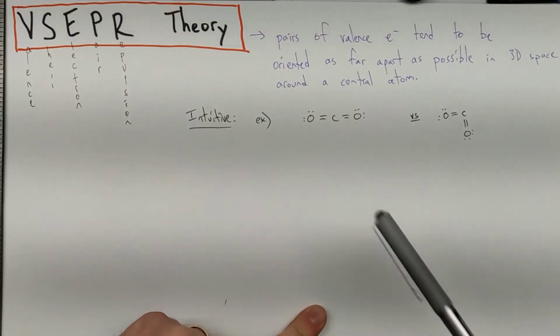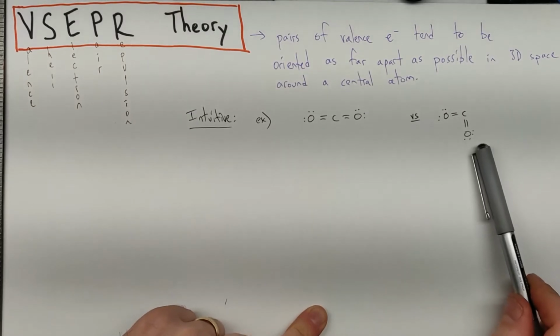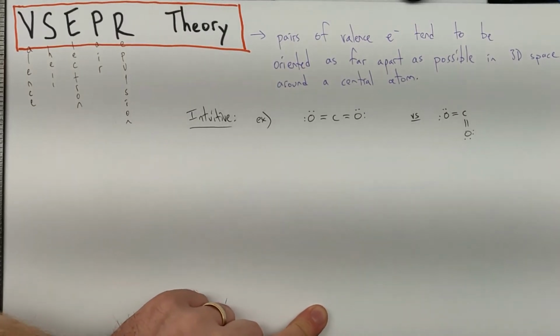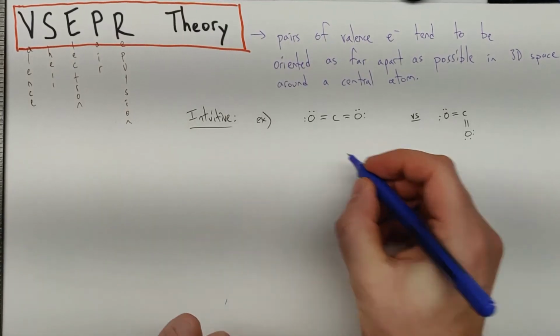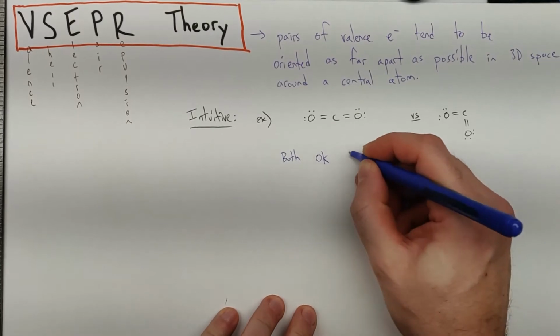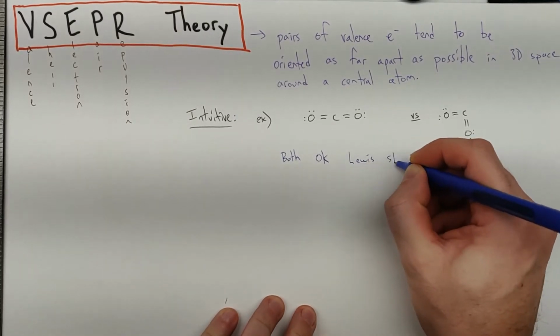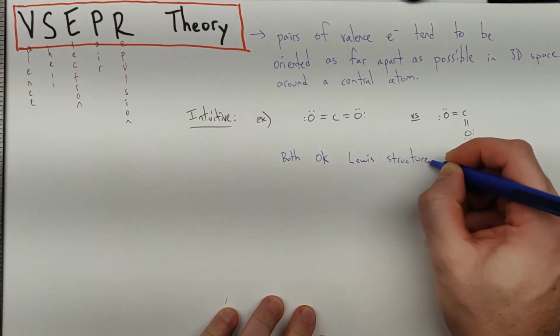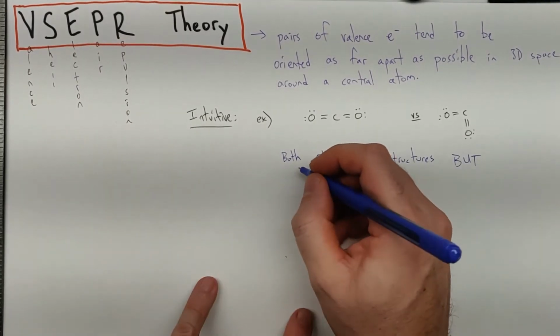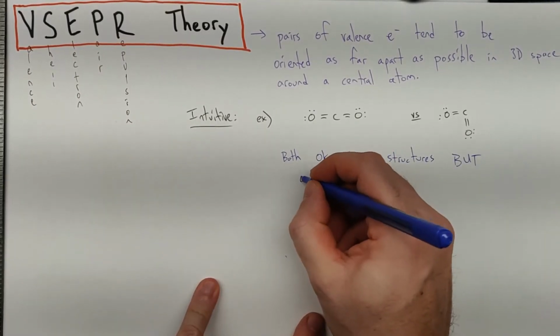Both of these are acceptable Lewis structures, but only one of them matches the 3D geometry, the molecular geometry, that we would expect. So these are both okay Lewis structures, but one is also the molecular geometry.